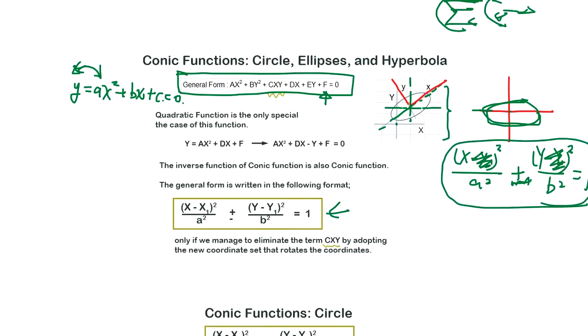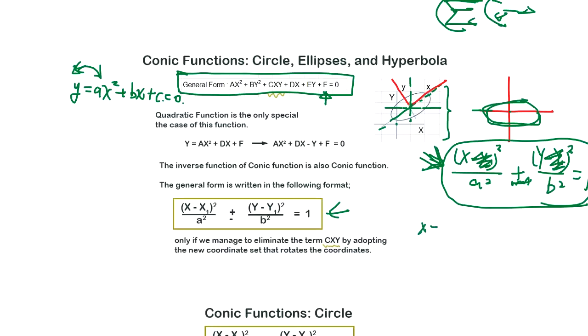So we can simplify the equation to this form, the familiar form you learned in middle school or algebra 2. In order to do that, we have to do several things. First, the function has to be shifted.